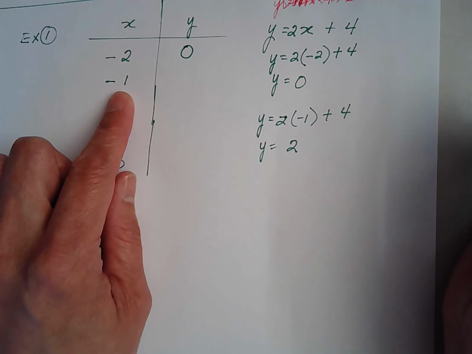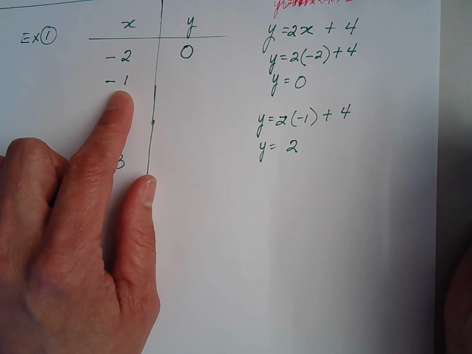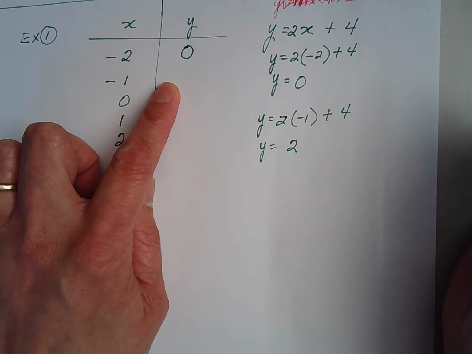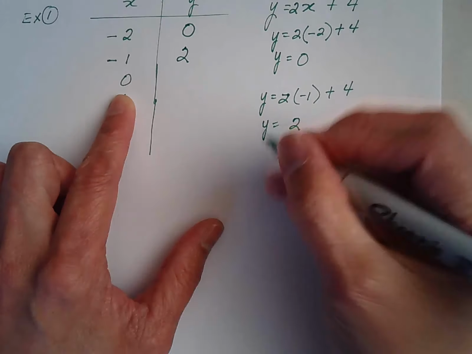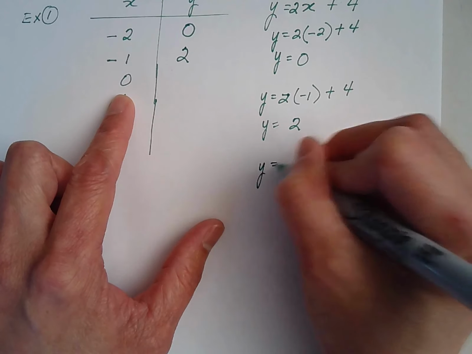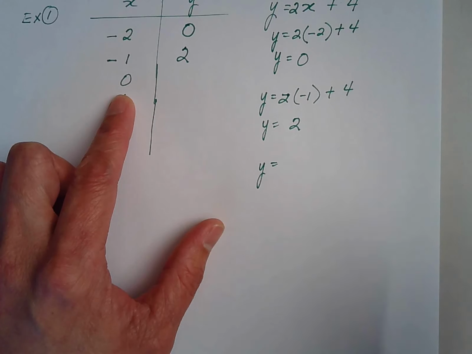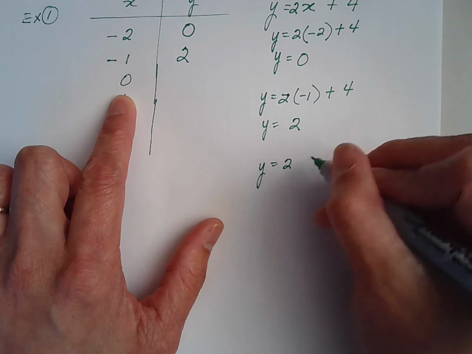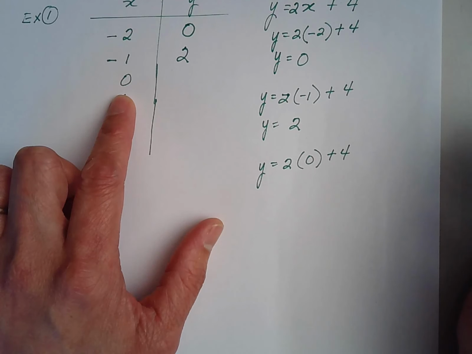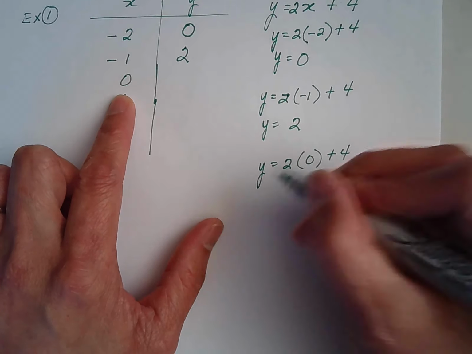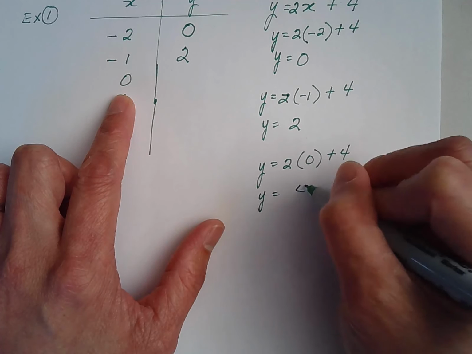So if x is negative 1, y is positive 2. Okay, let's do another one. What if x is 0? 2 times 0 plus 4. y is 4.